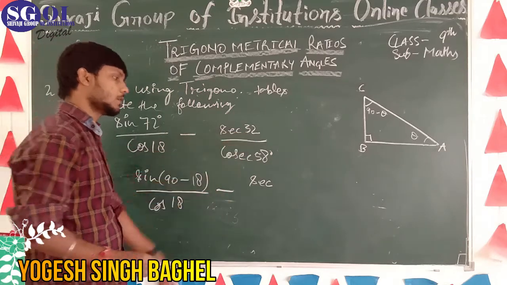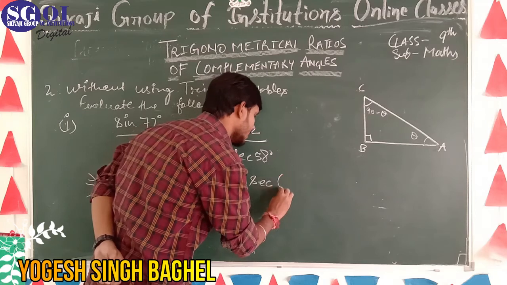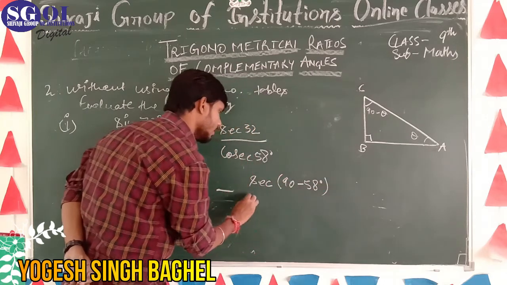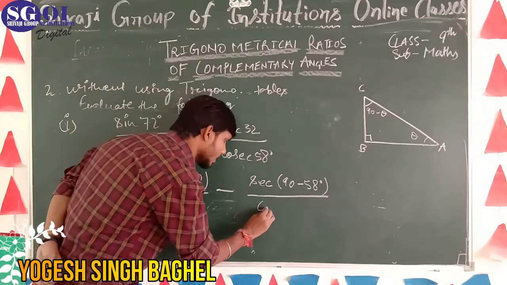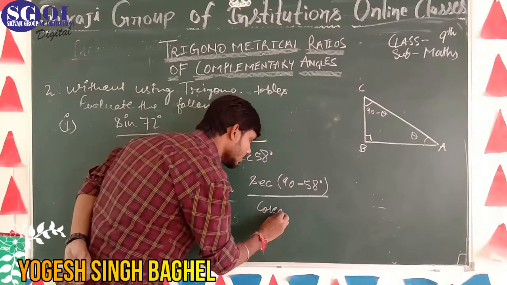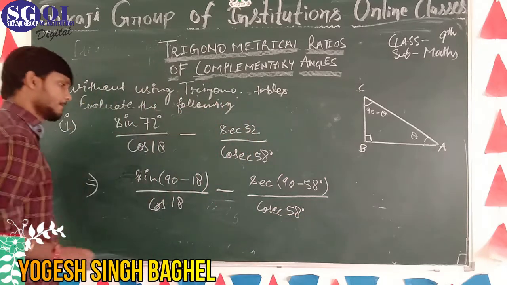In place of 32 degree, we can write sec 90 minus 58 degree upon cosec 58 degree.